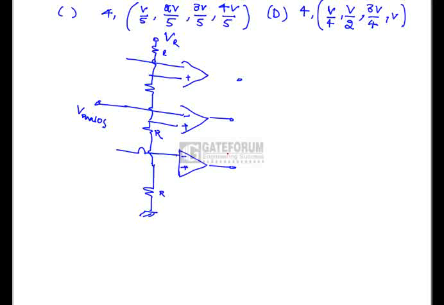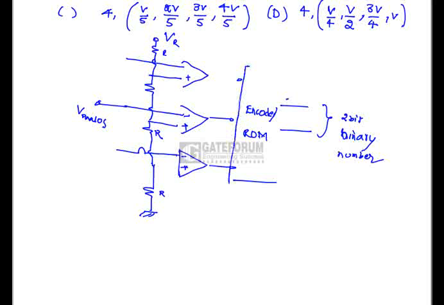If this is the circuit, by using an encoder or some kind of ROM, we can produce the output as a 2-bit binary number.